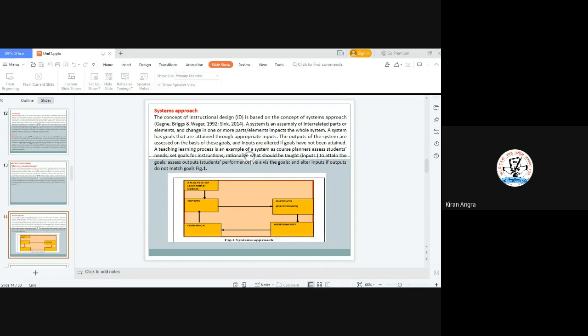Now the question here is how to design instructions. I have just discussed with you that the goals and objectives are determined first, and instructions and courseware are subsequent. First of all, what are our goals? What are our objectives? We have to determine them.